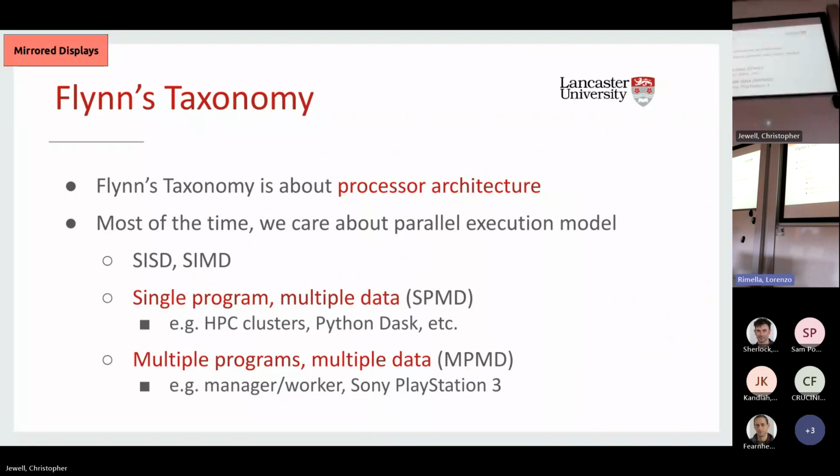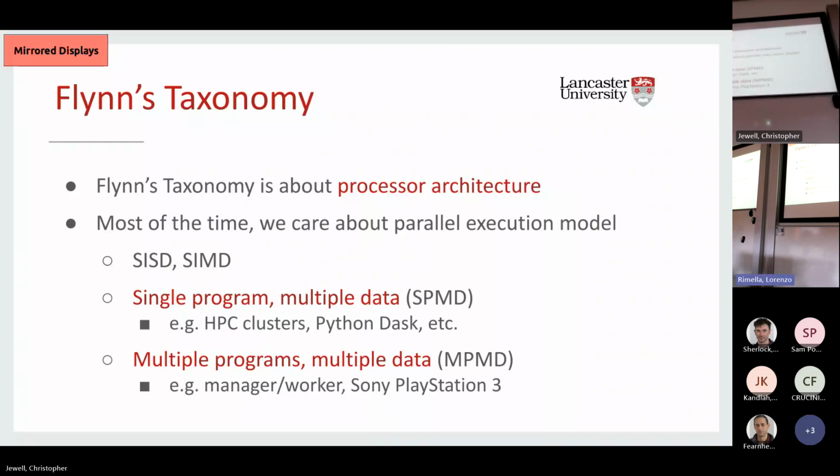What we really care about is the execution model. How are our programs executing? And how can we program in a particular model or design our algorithm that fits this particular model of execution?